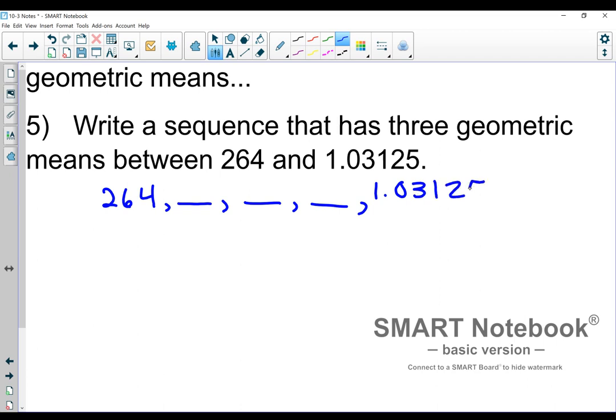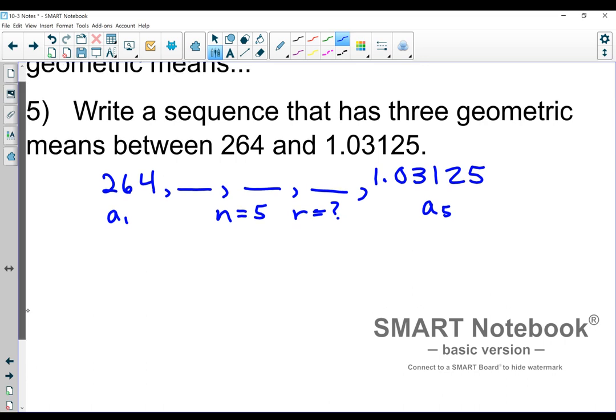We don't know R, but we want 3 numbers in here so that we have an R that works and we can get all the way from A1 at 264 to A sub 5 at 1.03125. We know we have 5 terms, but we don't know what our R is, so we can't build in those other terms yet. So our job is to find R and then multiply by that so that we go from 264 to 1.03125.